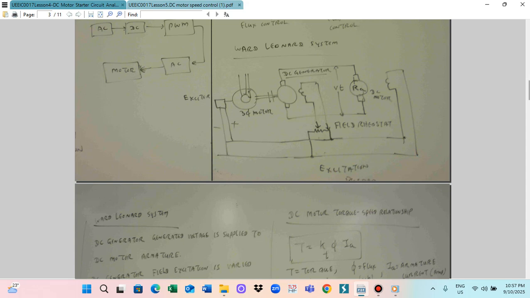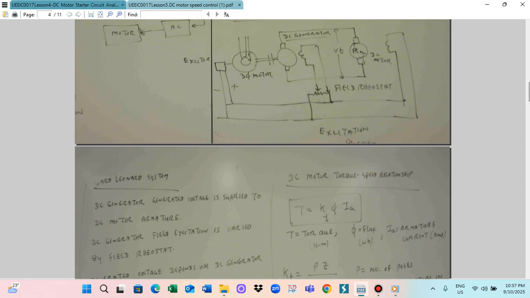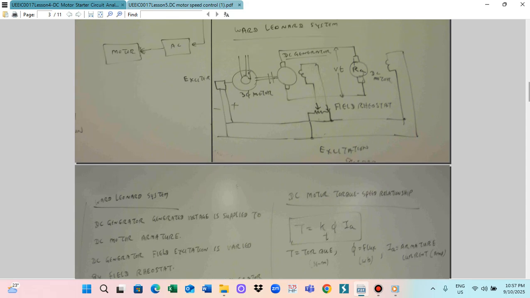So DC motor speed, this is the terminal voltage given. The generator terminal is connected to the motor this way, and then the generator excitation. This excitation we can also utilize for the exciter. So this is the excitation part.